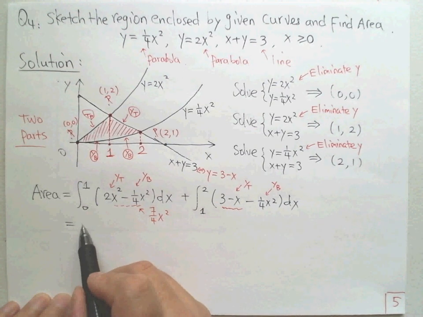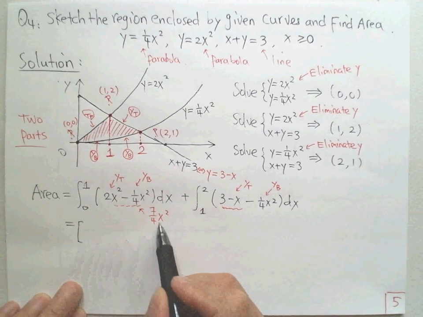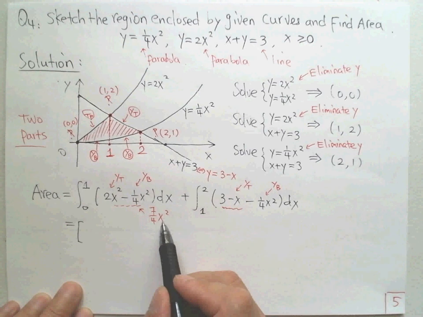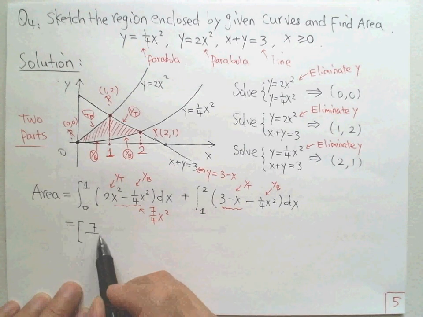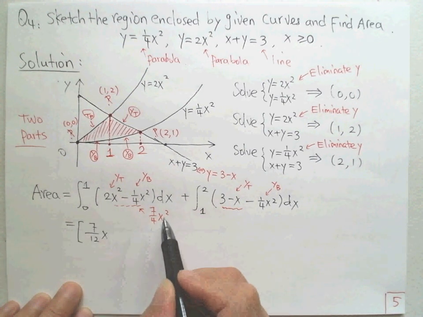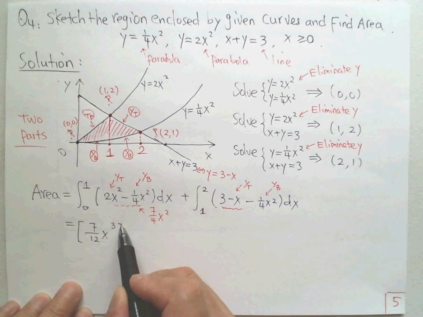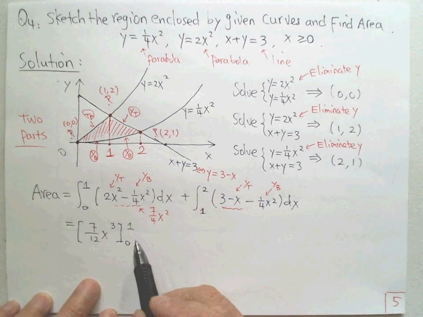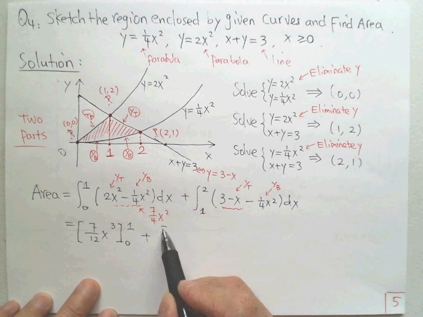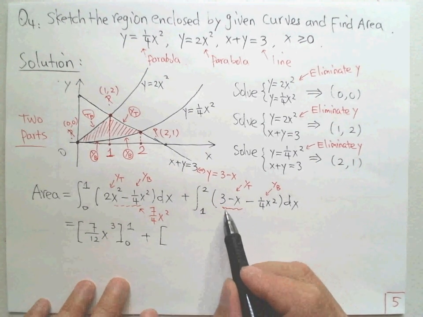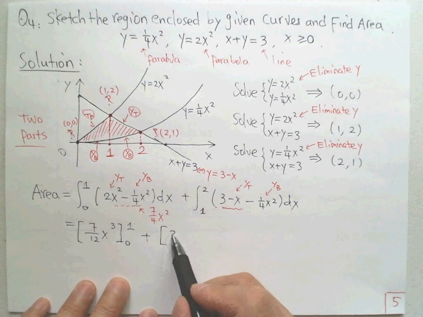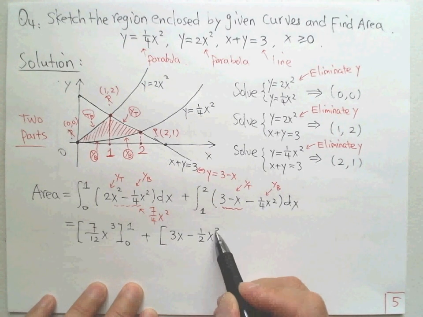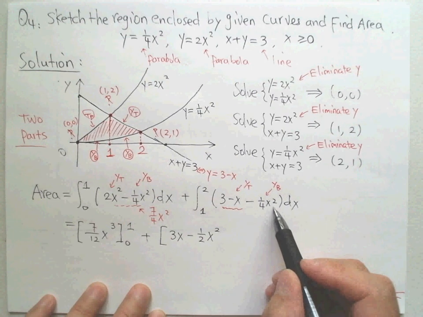This one is a power function, so we divide by the new power. What is the power? I put it here. This is the first power, divided by 3. 4 times 3 is 12, so it's 7/12 x raised to 1 more power, 3, from 0 to 1. That's the fundamental theorem for the first part, plus the fundamental theorem for the second part. That's easy.